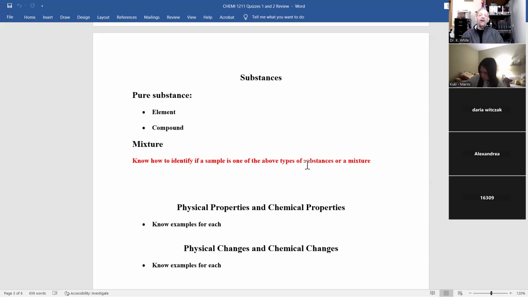When we talk about substances, you can have a pure substance or you could have a mixture. You should know how to identify a sample as one of the above types of substance or mixture. An element cannot be broken down to smaller pieces by a chemical change.